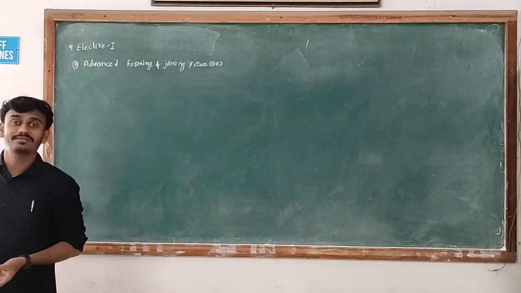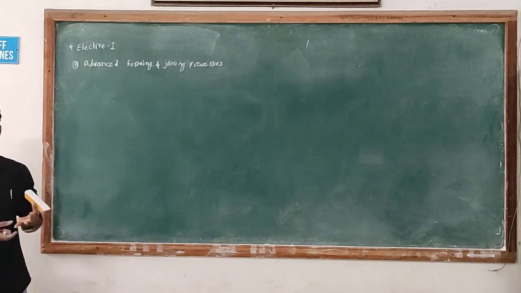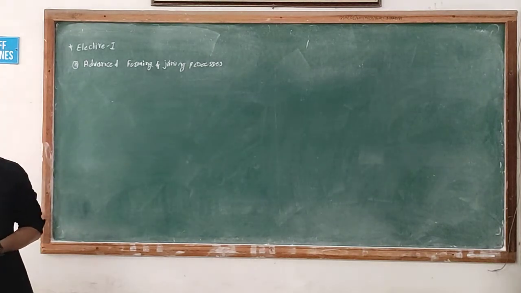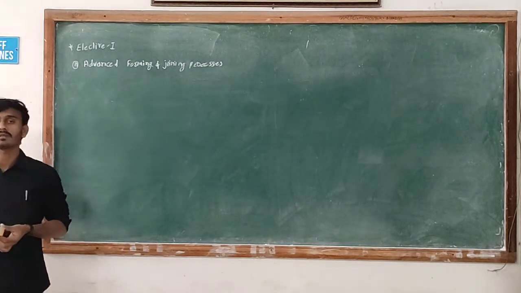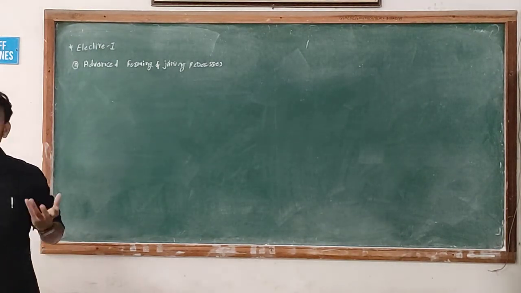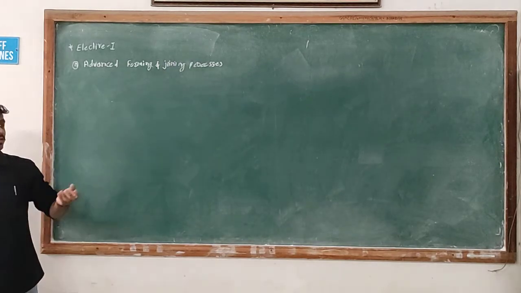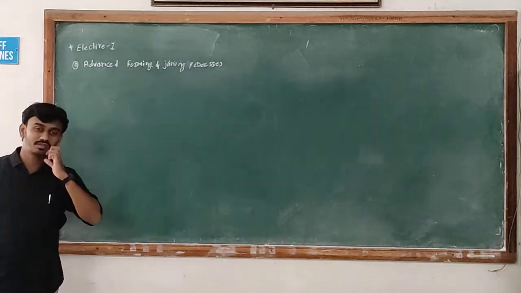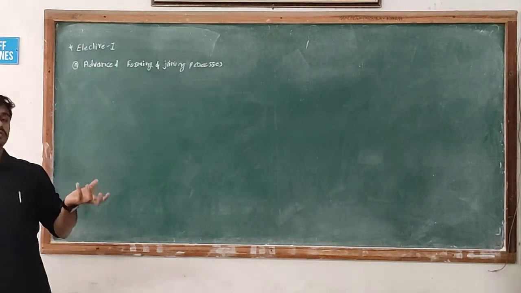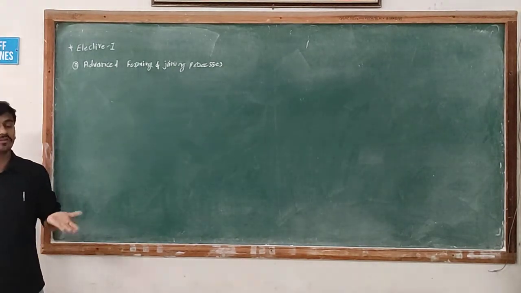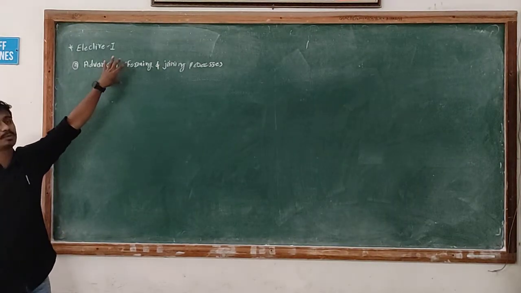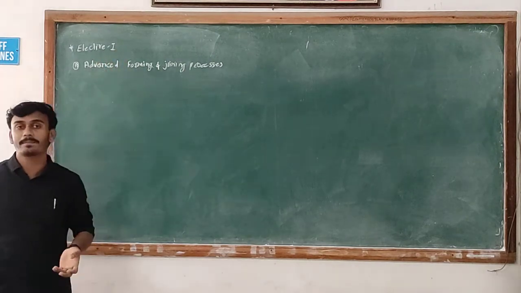Forming means there are various types of forming processes, just like rolling, forging, extrusion, then drawing, bending, punching. All these are forming processes. Means metal is formed by using various processes. Suppose there is sheet metal and we want to convert this sheet metal into a product. So these processes are called forming processes.